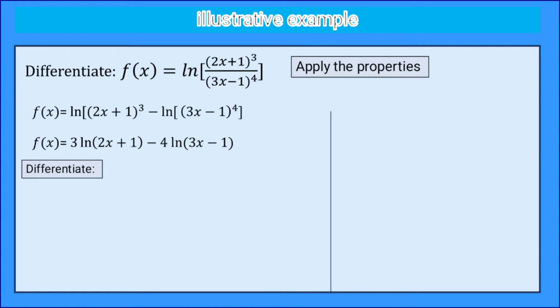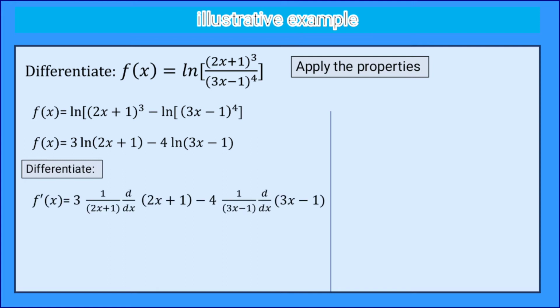So f prime of x is equal to our constant 3 times 1 over u, that will be 1 over 2x plus 1, and then times du over dx, we need to find the derivative of 2x plus 1, and then minus our constant 4 times 1 over u, which is 1 over 3x minus 1, then our du over dx, we need to find the derivative of 3x minus 1.